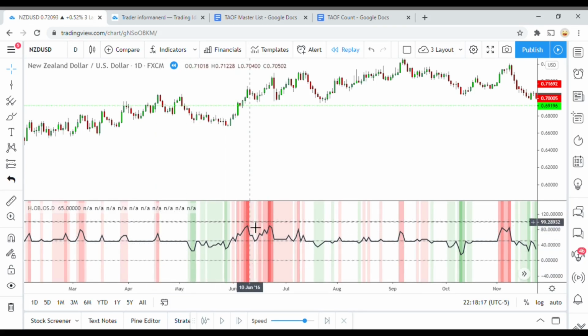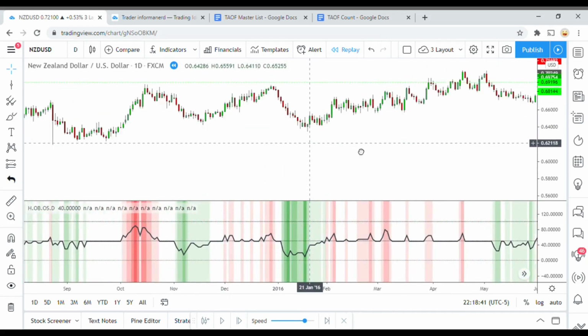And then if you look over here, as it gets really bright and vibrant in color, you can see those are indicating more and more of the indicators all lining up. In this particular case, the red would be in the overbought area.